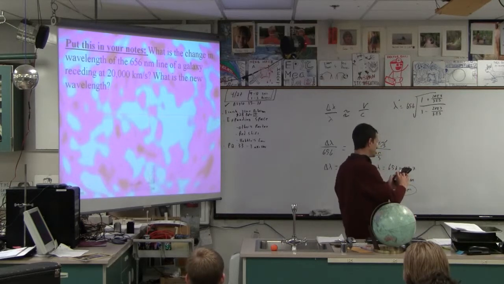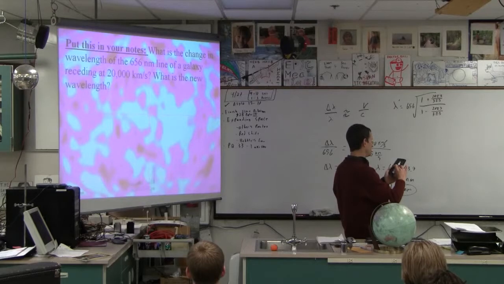So 656 times the square root of the numerator, 1 plus, divided by the denominator, 1 minus.